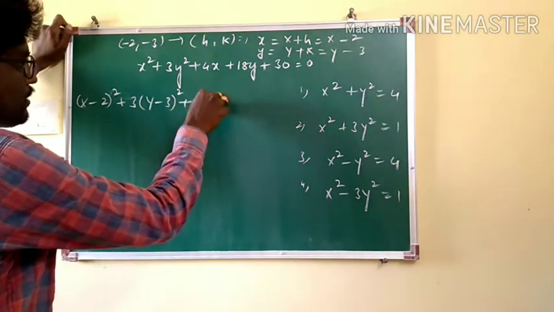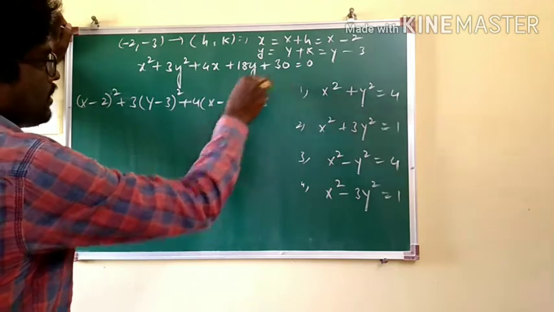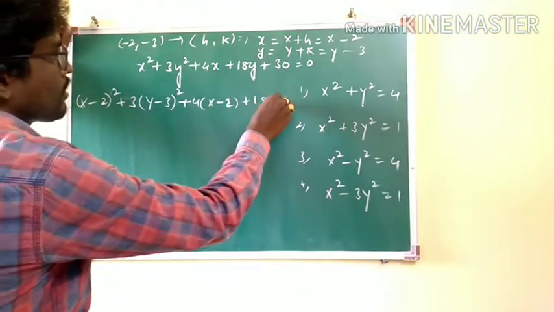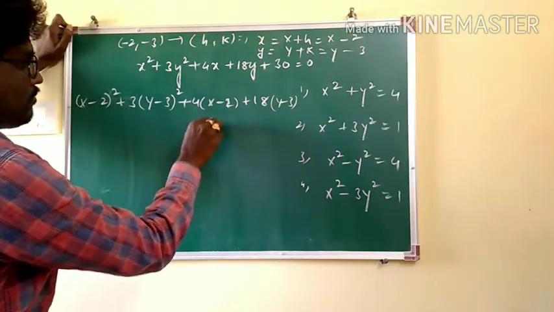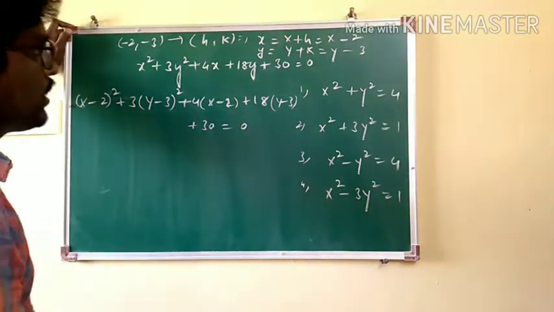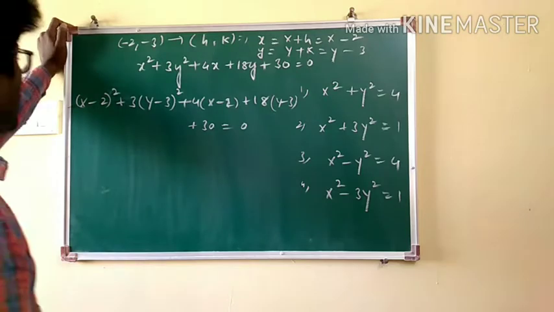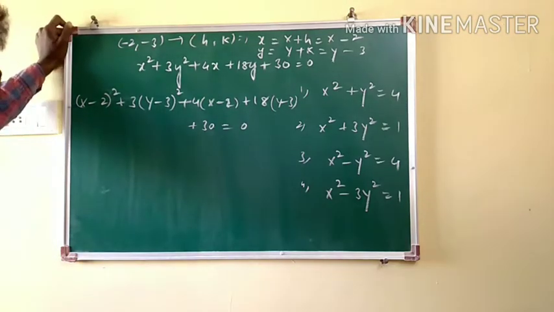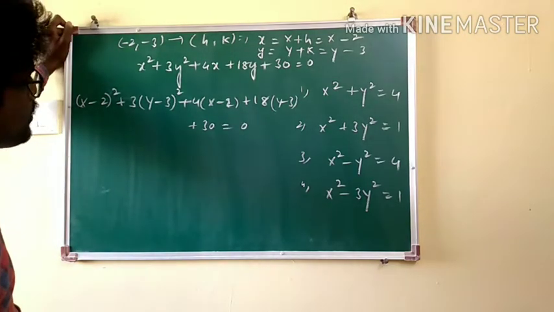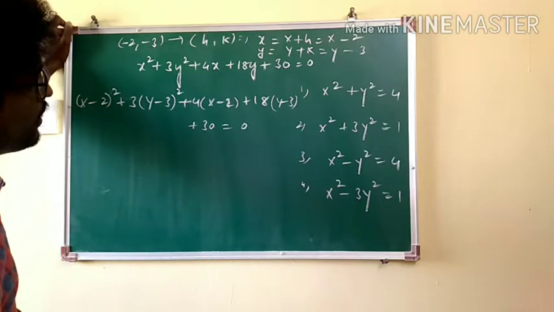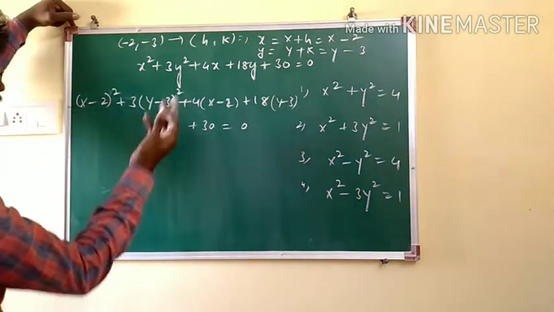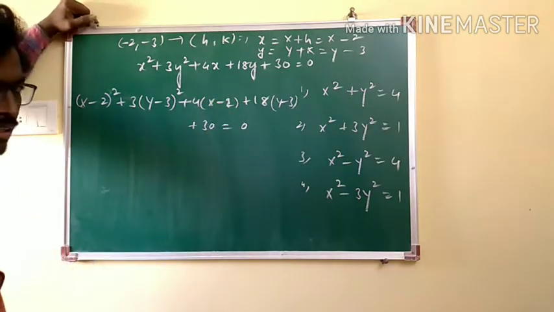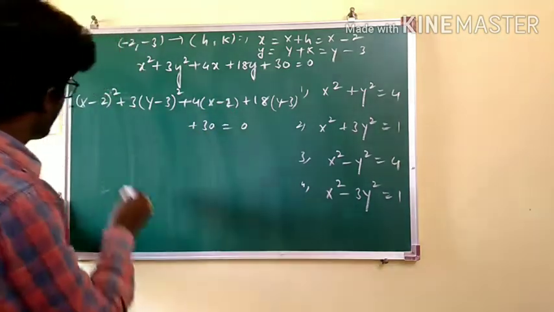(X minus 2) whole square plus 3 into (Y minus 3) whole square plus 4 into (X minus 2) plus 18 into (Y minus 3) plus 30 equal to 0. Chalo, expand this. It is according to (a minus b) whole square. Here also according to (a minus b) whole square.